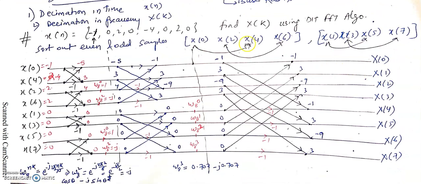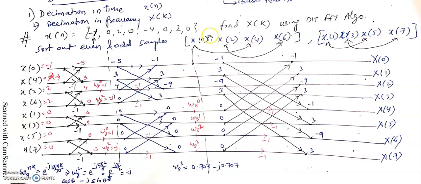First of all, for example, we take this xn. Then if you want to find Xk using the DIT, decimation in time FFT algorithm, at the first step you sort out the even and odd samples: x0, x2, x4, x6 are the even samples, and these are the odd samples. Now you pair them: x0 is paired with x4, x2 is paired with x6, x1 is paired with x5, and x3 is paired with x7.